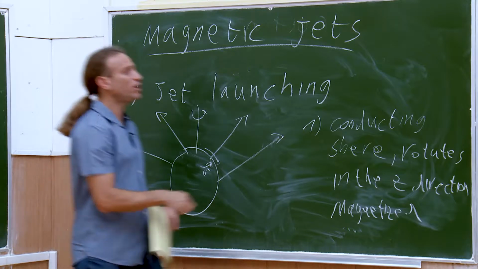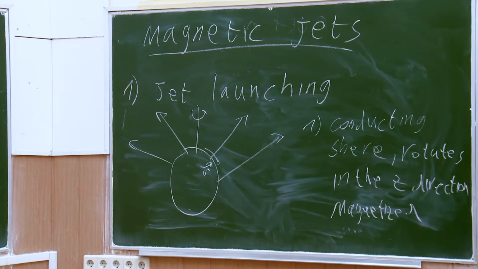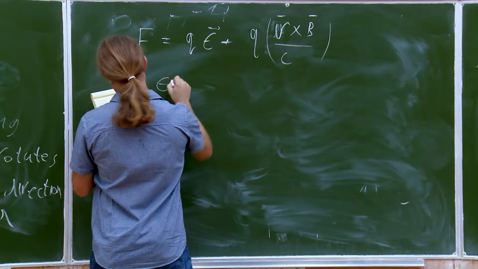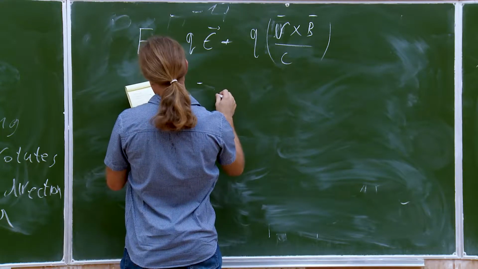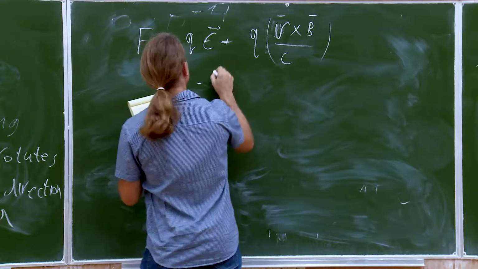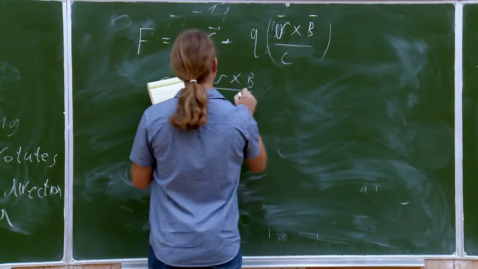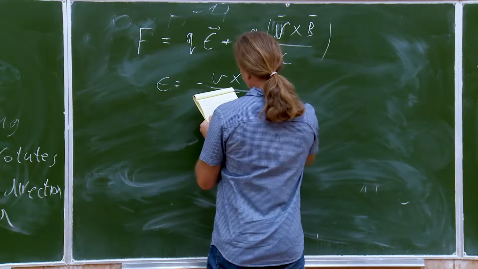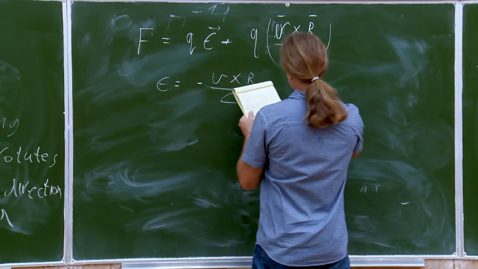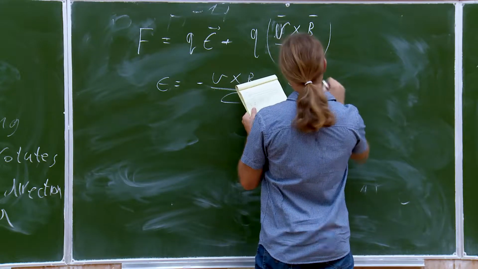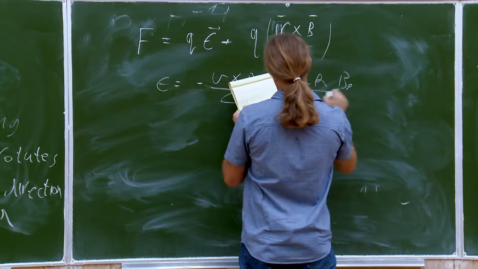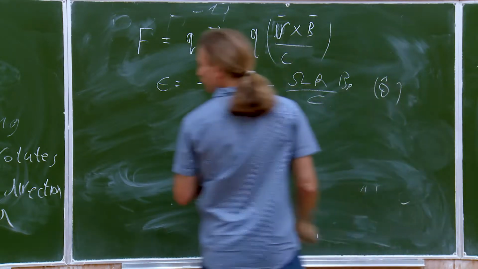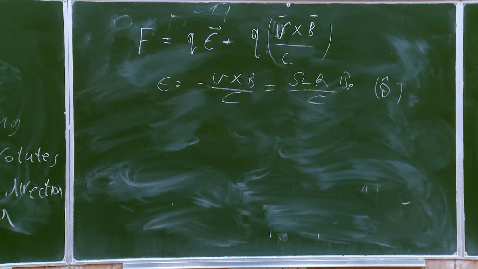So I have E, which is equal to minus V cross B divided by C. And this is equal to omega R BP divided by C, in the theta direction.